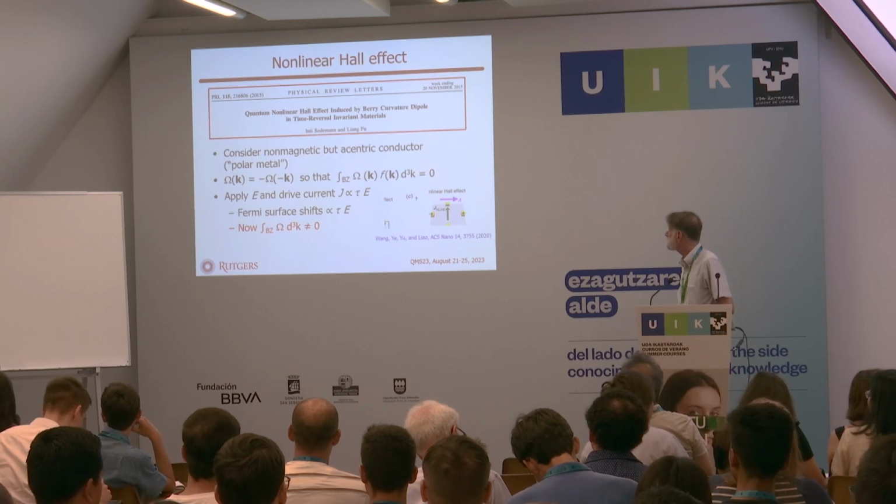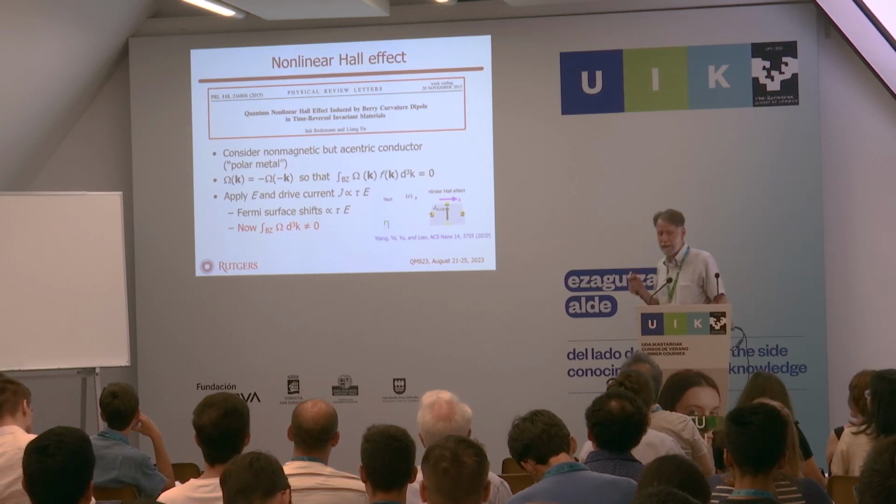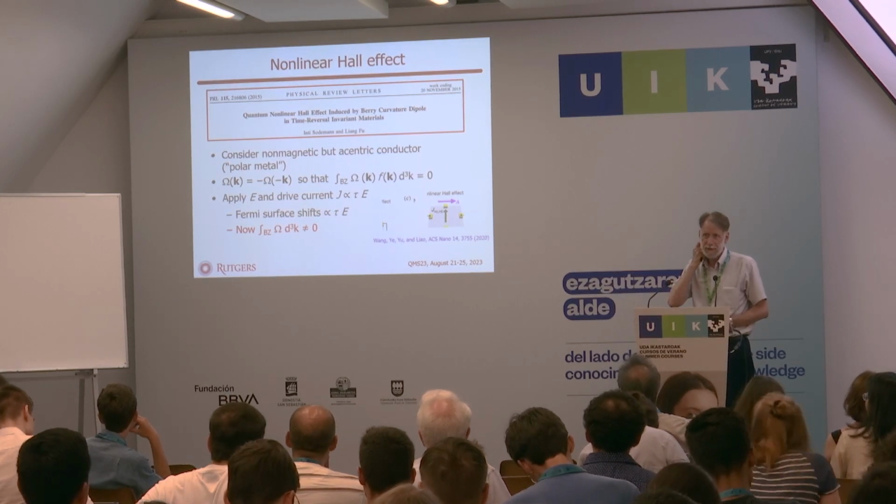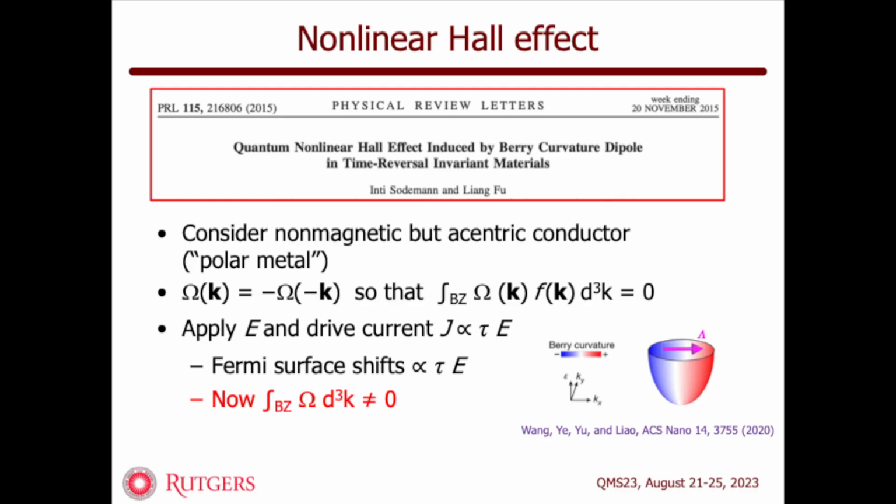So I just wanted to mention the nonlinear Hall effect as an example where, by perturbing the system, you can make something that had no net Berry curvature have a net Berry curvature. Let's consider some non-magnetic but non-centrosymmetric metal, some polar metal, perhaps.